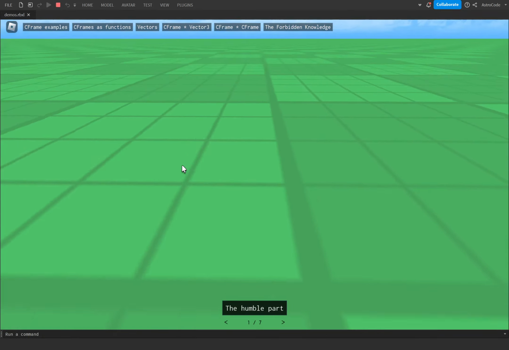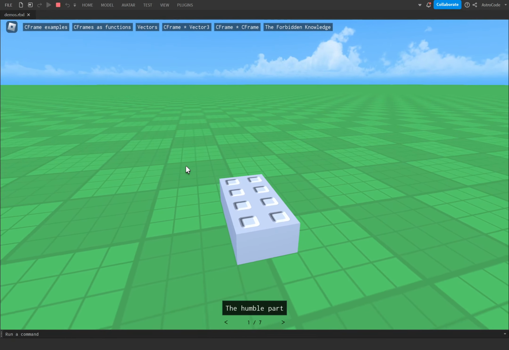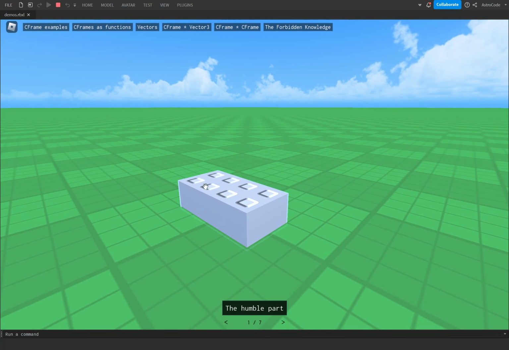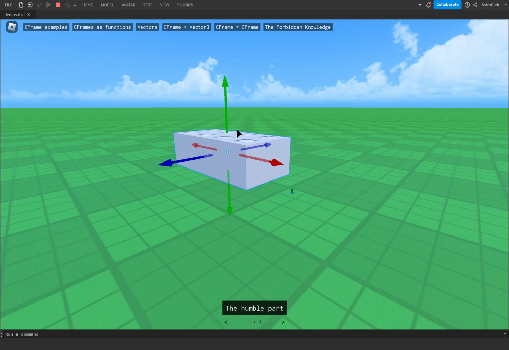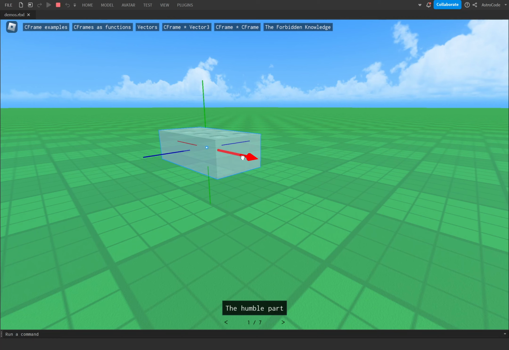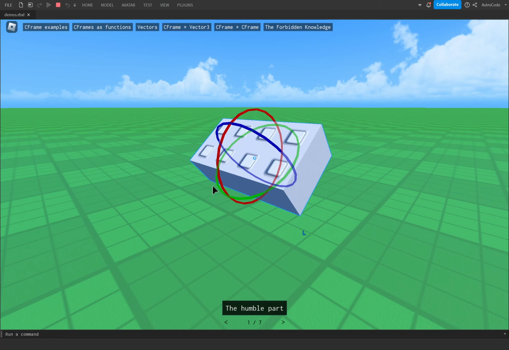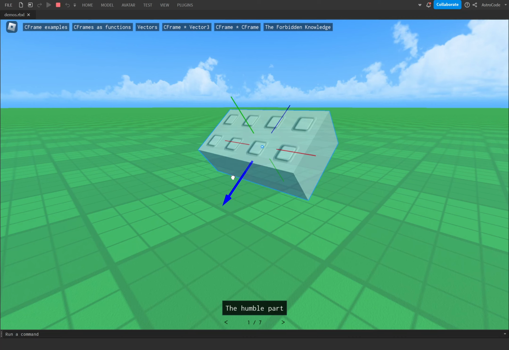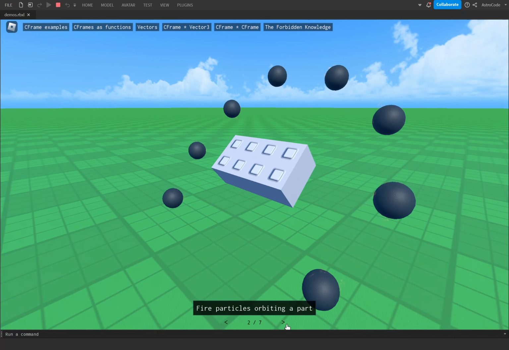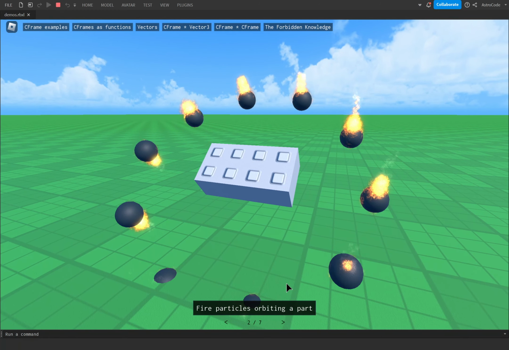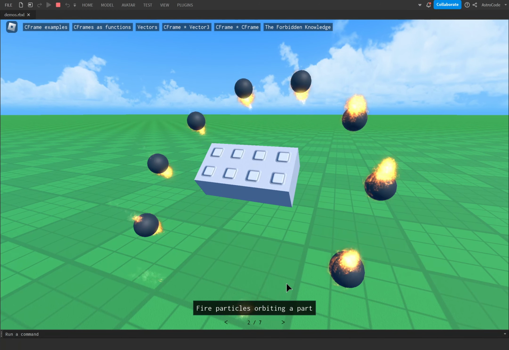All right, so what are some cool things that we can do with C-frames? Well, the most boring thing we can do with C-frames is that we can use it to position a part. So here is a part, and using C-frames, I can translate it, and I can rotate it. But what else can we do? Well, here is this orbiting fire particle effect.